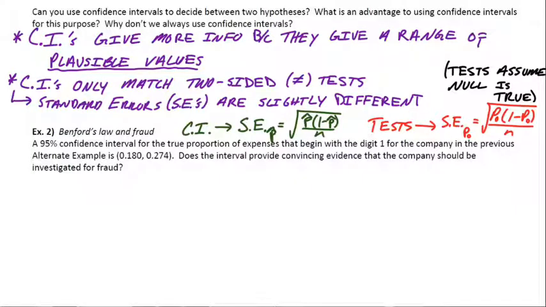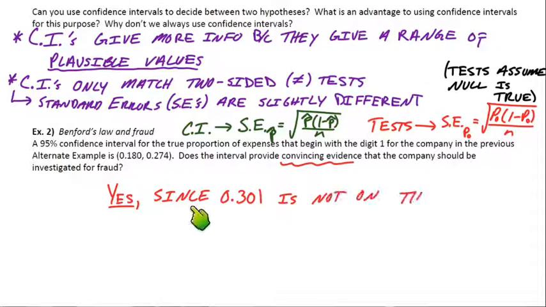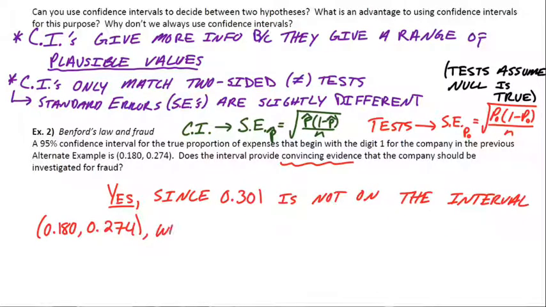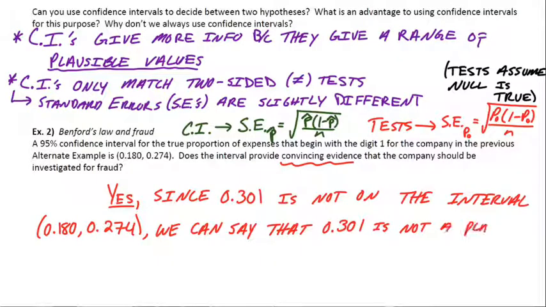Anyway, does this interval give us convincing evidence that basically they're committing fraud, or at least they should be investigated further? Heck yeah, it does. You'll notice there's a really important value that's not on there. If you remember Benford's law from the first example, that's 0.301, right? So since 0.301 is not on the interval, here's the interval, we can say that that value is not one of the plausible values for p.